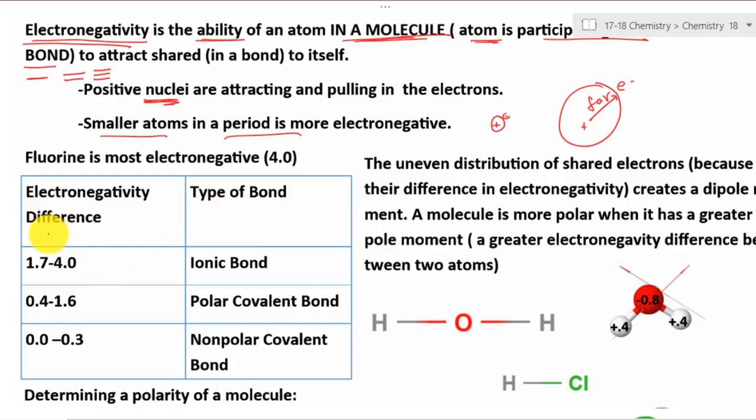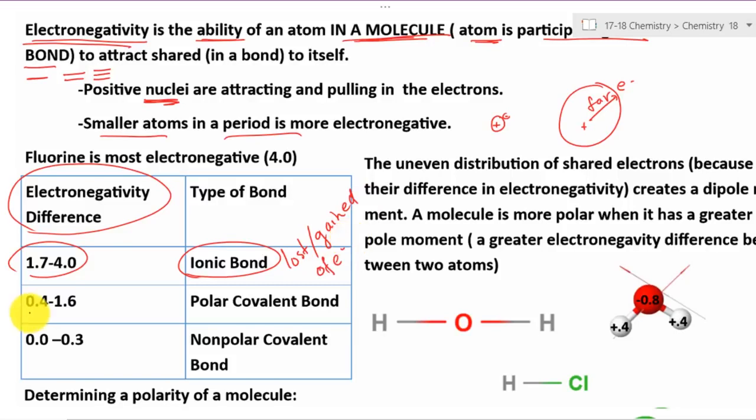First of all, what we're going to do is look at the electronegativity differences. The greater the difference, the greater the attraction of electrons by a particular atom. When the difference is between 1.7 and 4.0, we have ionic bonding. In ionic bonding, the electron is completely transferred to another atom, so this is where we have loss and gain of electrons.